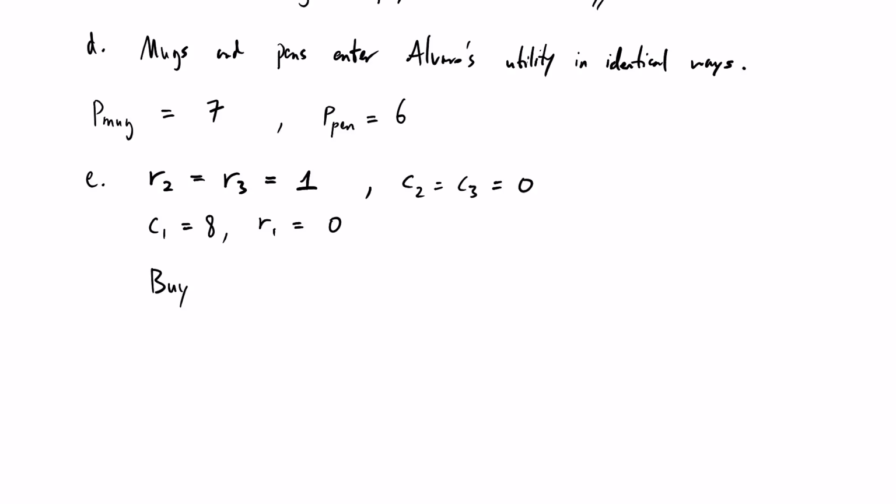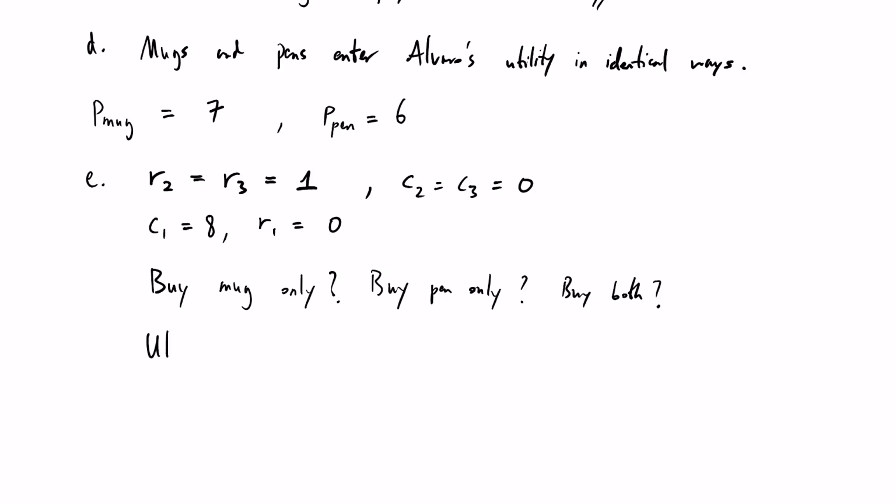So the question is, would he buy muck only, buy pen only, or buy both? So this is really like three questions in one. What would he do? Buy muck only, buy pen only, or buy both?